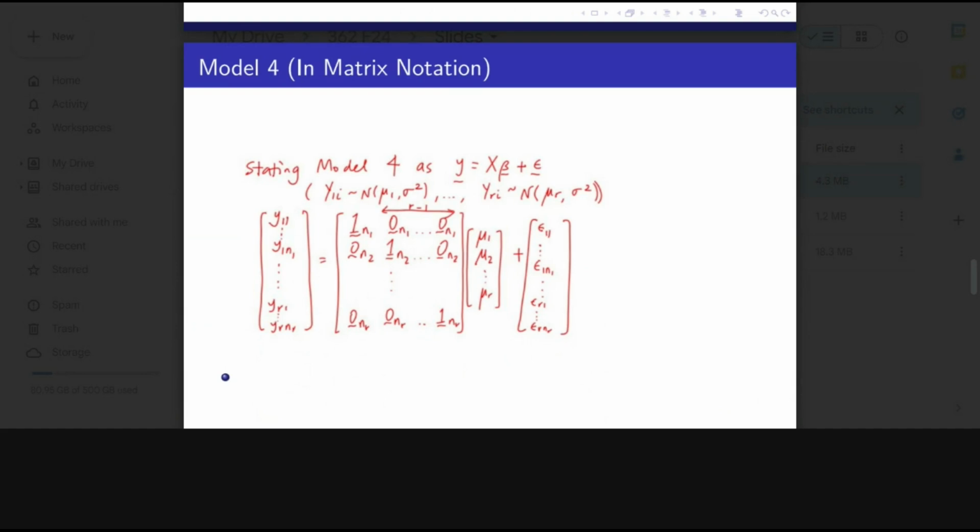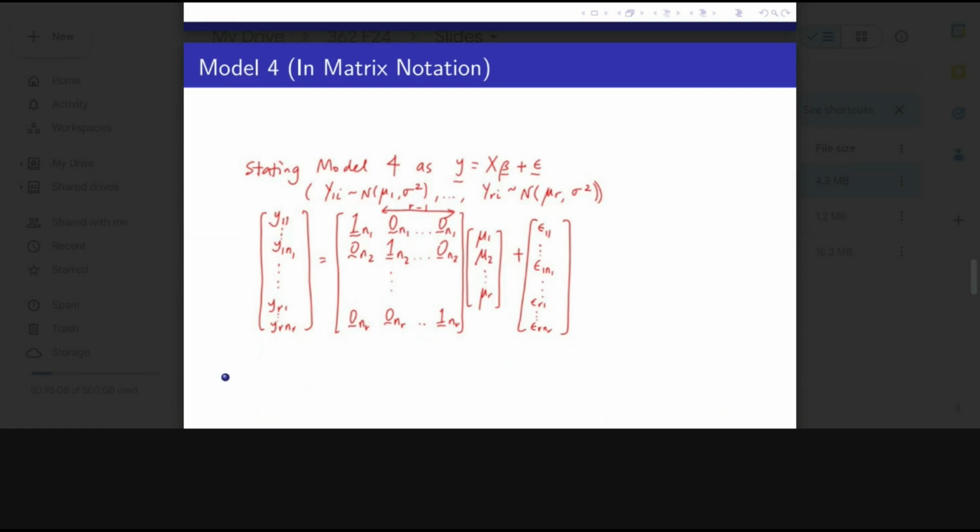The matrix notation. So this is all the readings from population 1. Y1, reading number 1, or data point number 1, up to Y1, N1. This is data point N1 from group 1. This takes care of all your group 1 readings. This takes care of all your group R readings.